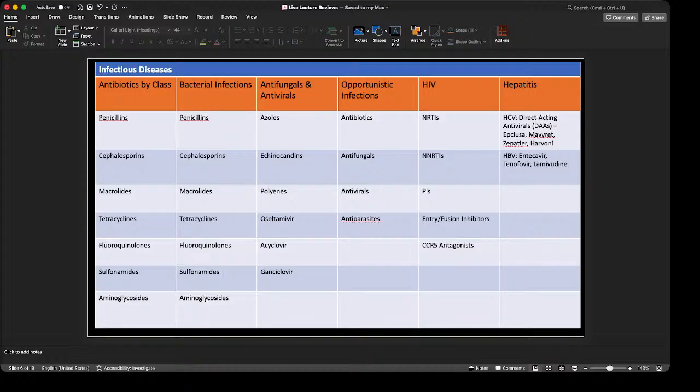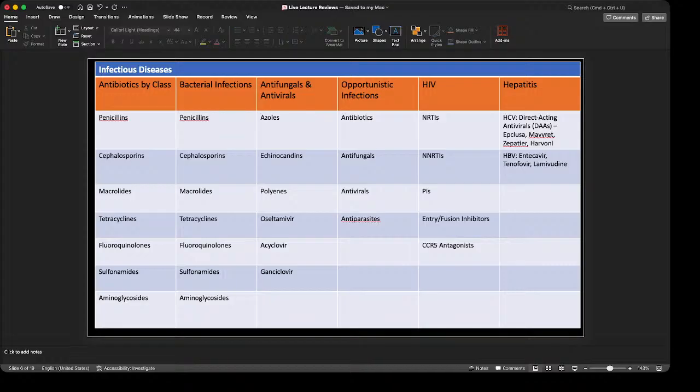Bacterial infections and antibiotics by class, those antibiotics are very important. Also, one other thing, since we're on infectious diseases, is definitely to take a look at the patient's vaccinations as well, to make sure the vaccines are up to date.